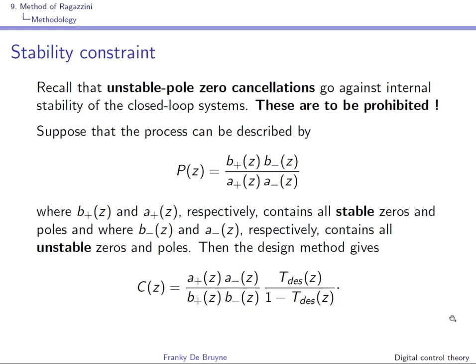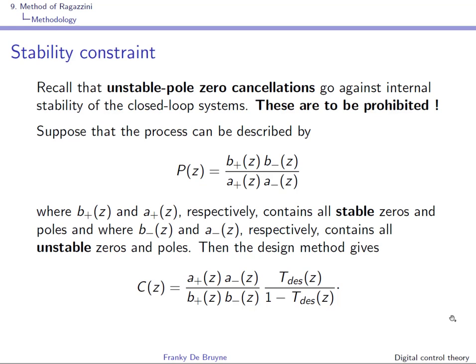We have seen a first constraint on the controller, that it must be causal, and this has imposed a constraint on the desired closed loop transfer function, that its delay must be at least that of the process.